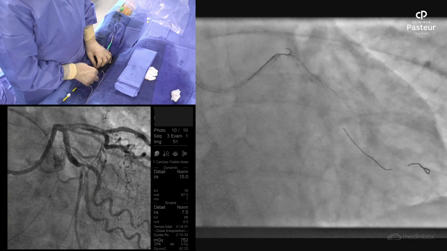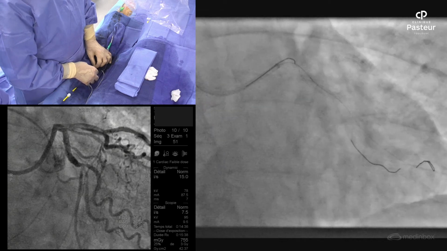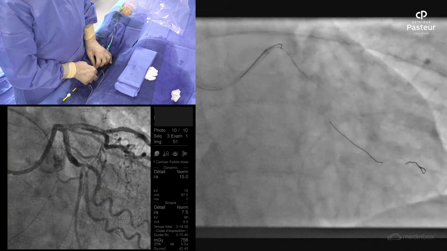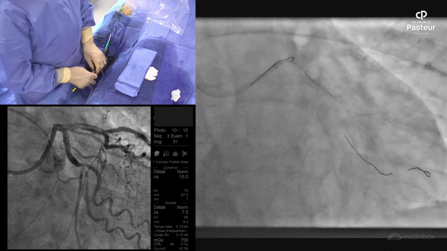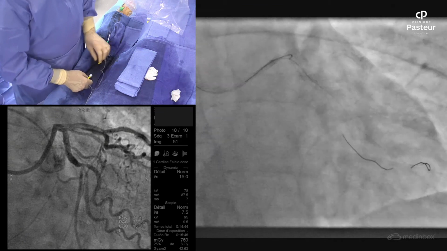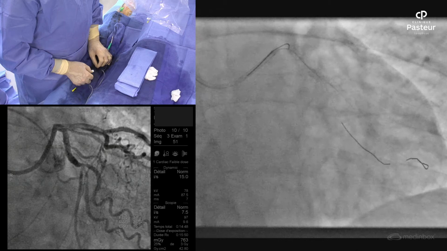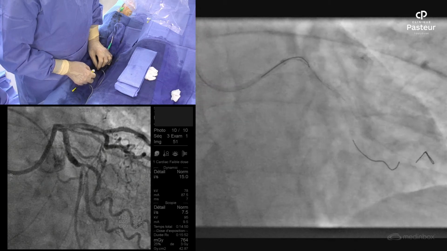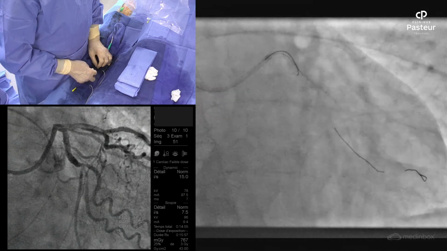Now we try to jump inside the circumflex. I don't want to advance with a loop because we would then have to cross the struts, and if I advance with a loop, I will destroy the distal part, and I don't want to do that. So what we need to do is to manipulate the wire very slowly.